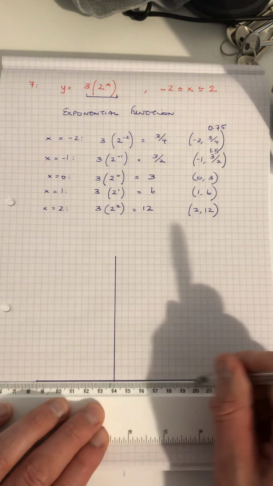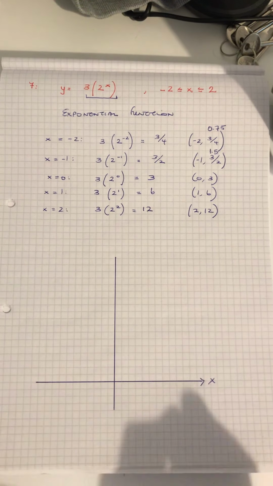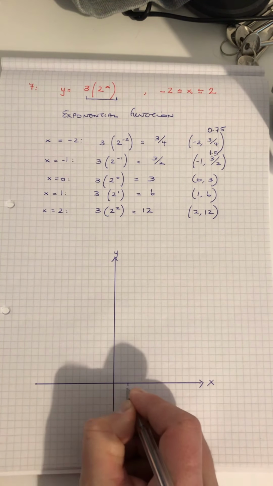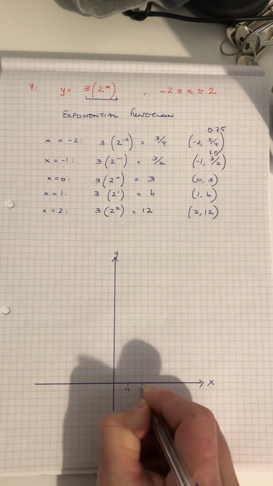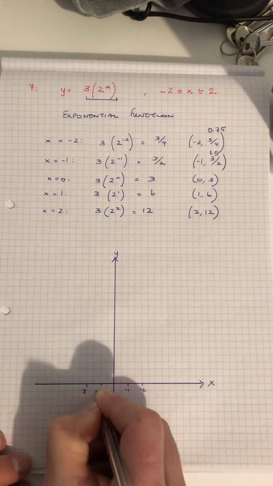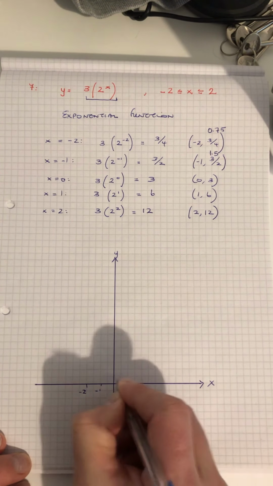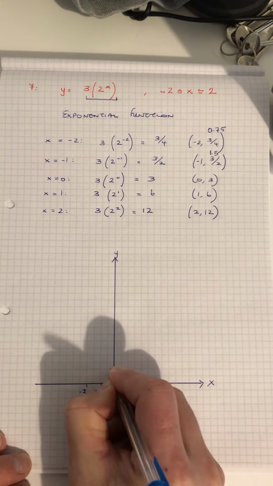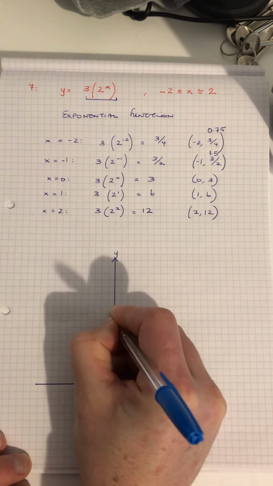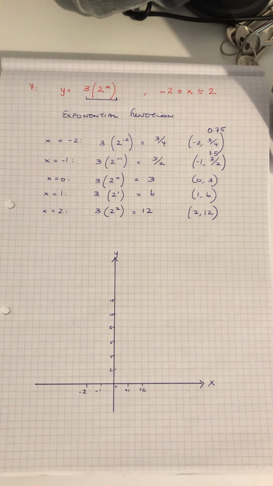We have the x-axis labelled x, and we have our y-axis. On the x-axis we have -1 and -2, 1 and 2, and 2, 4, 6, 8, 10 and 12 on the y-axis.